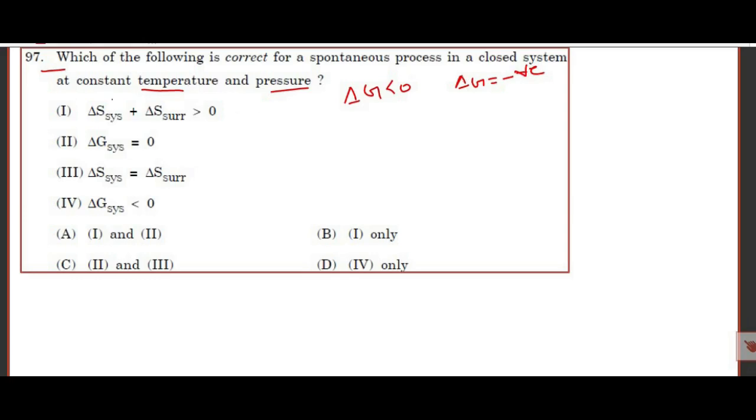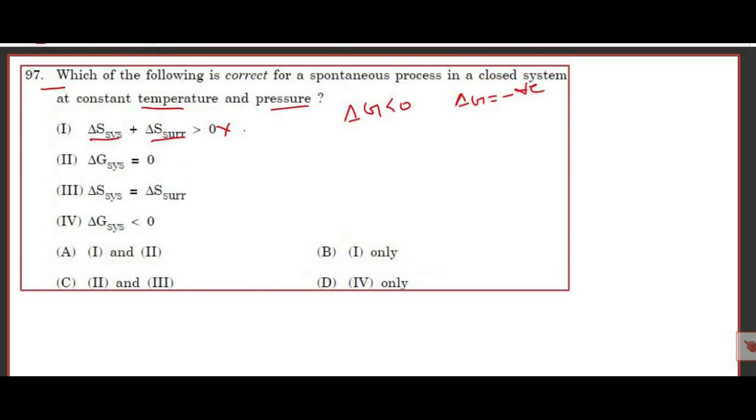Hence, take option 1: delta S system and delta S surrounding is greater than 0. In 1, for an irreversible process, it should be greater than or equal to 0, hence option 1 is wrong. And option 2, that is delta G system is equal to 0, is also wrong.